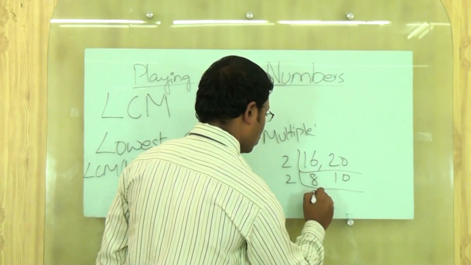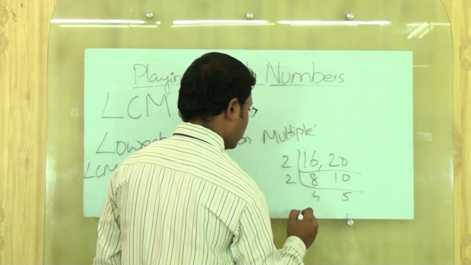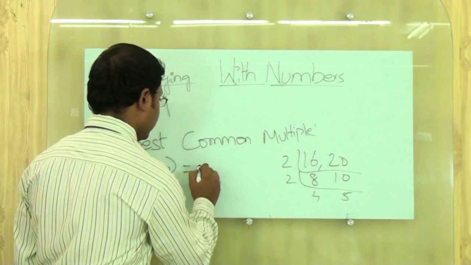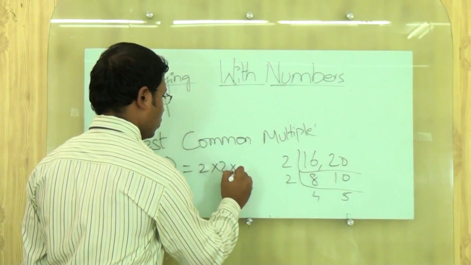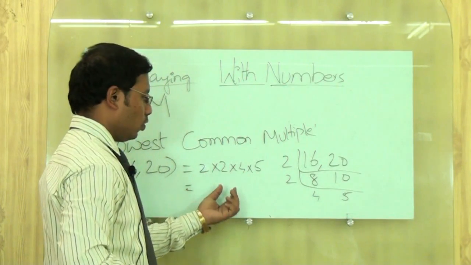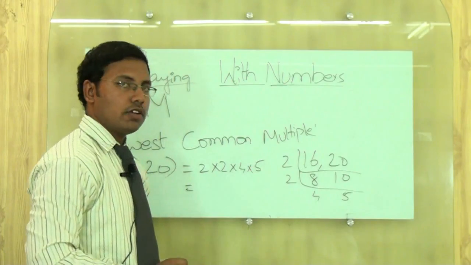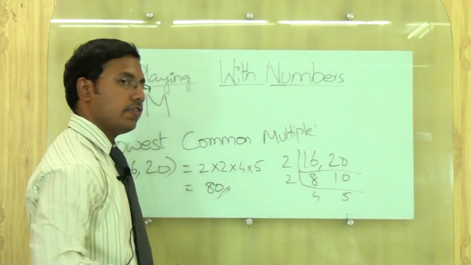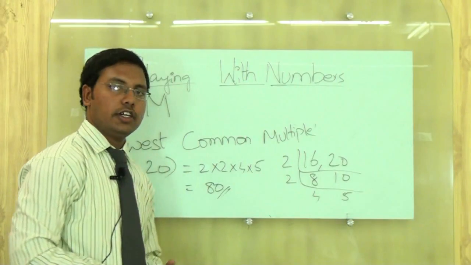Again with 2, 2 4s are 8, 2 5s are 10. This can't be divided further. So LCM of 16 and 20 is 2 into 2 into 4 into 5. Then the result is 2 2s are 4, 4 4s are 16, 16 5s are 80. 80 is the result for LCM of 16 and 20.